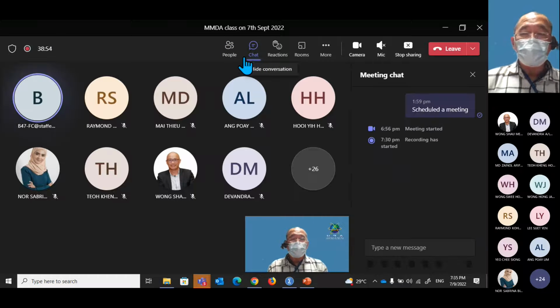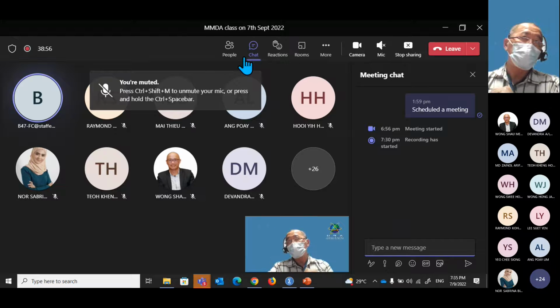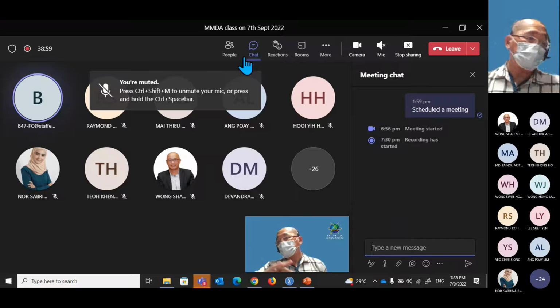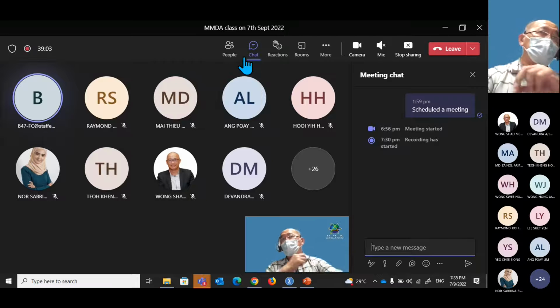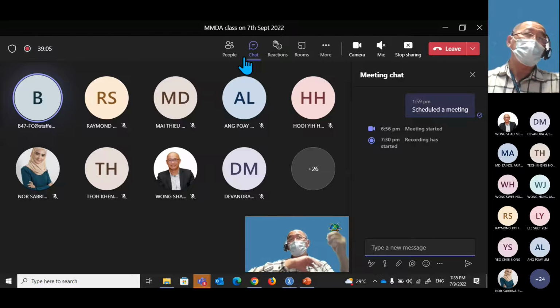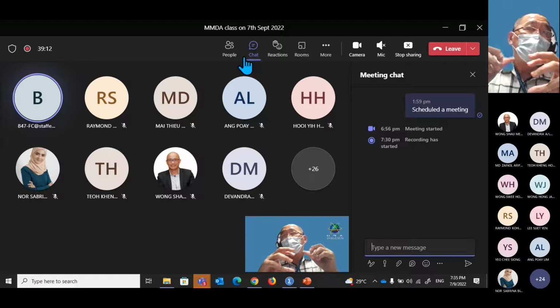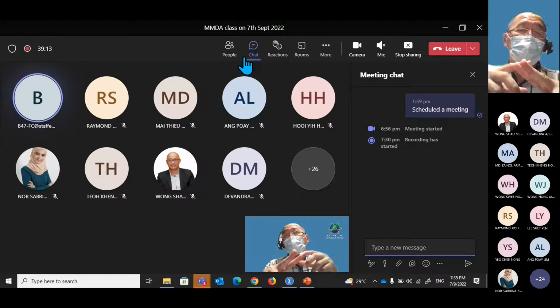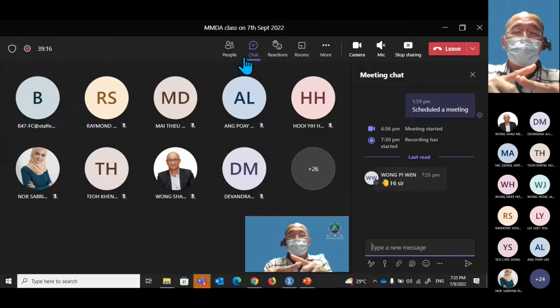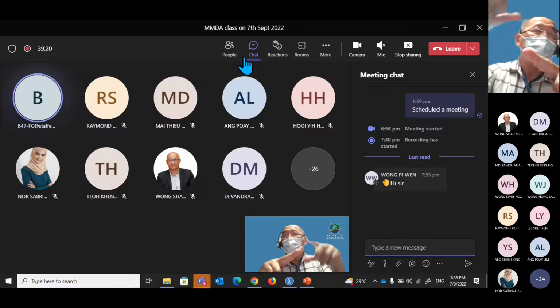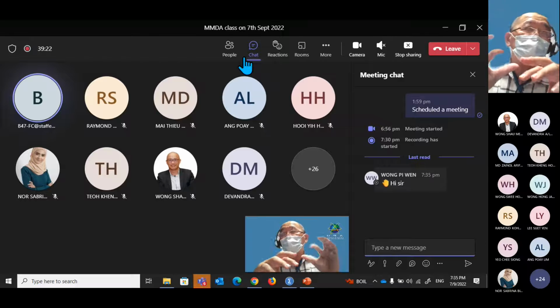For the previous class, we already finished the multiple linear regression and started the factor analysis. We actually want to do data reduction, reducing many variables to a few variables. We have two types: one is factor analysis, which is common factor analysis, where we find the common variance among the variables.